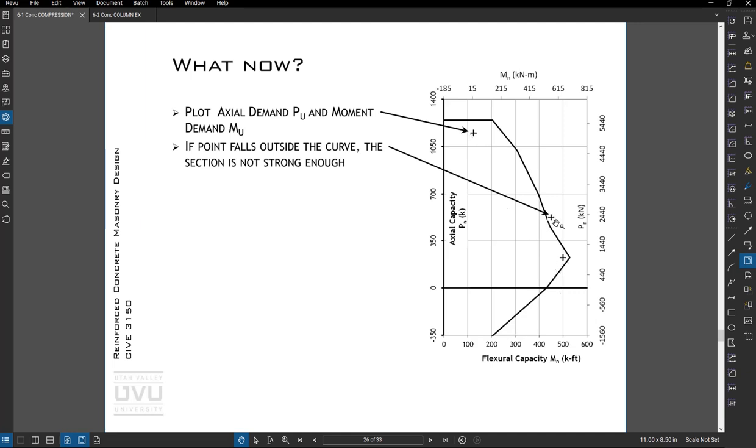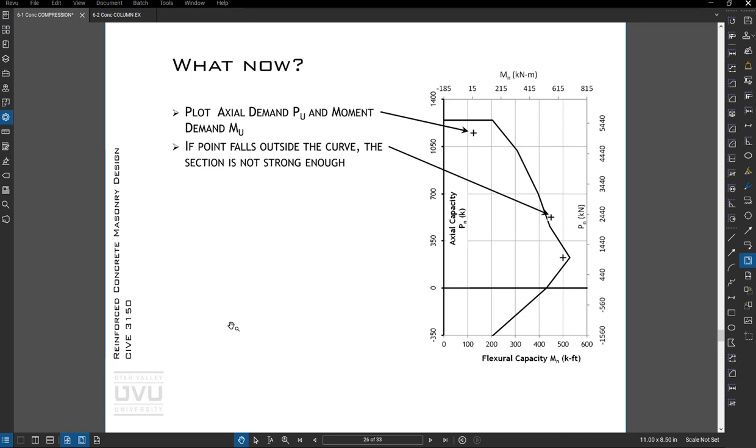This one's outside. So this section actually isn't strong enough to carry the forces applied to it. Not by much, but enough that we don't want to have our points outside of this curve. So we would either change bar sizes, add bars, or go to a larger section.